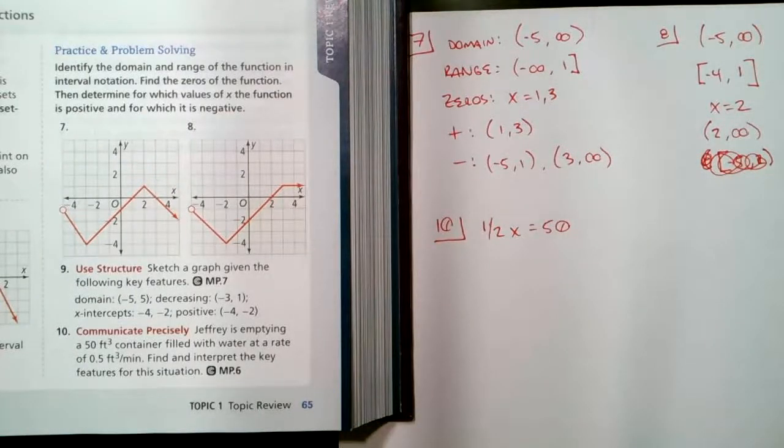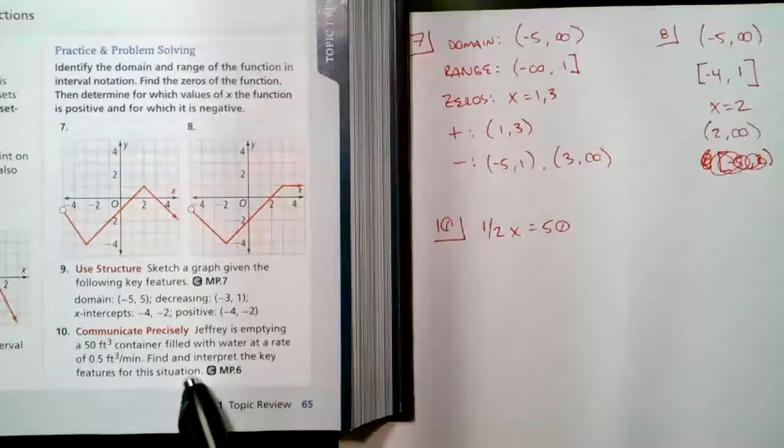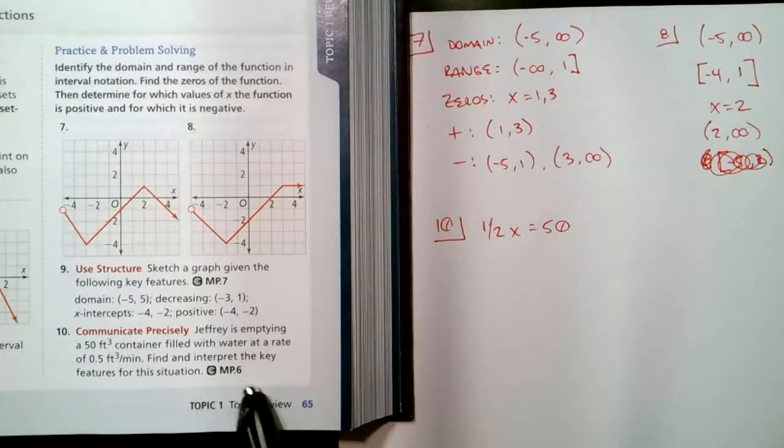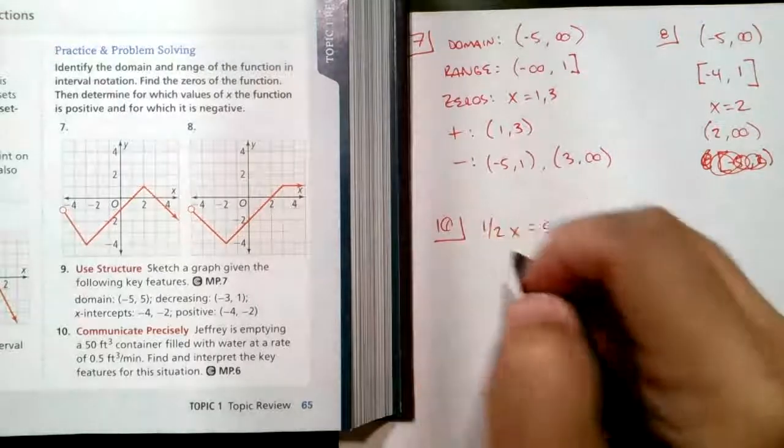So if this 50 cubic foot container is filled with water and it loses water at a rate of a half a cubic foot per minute, I think my equation is going to be 1/2 x equals 50. Looking at that, let me just verify it. Emptying rate. So 1/2 x.